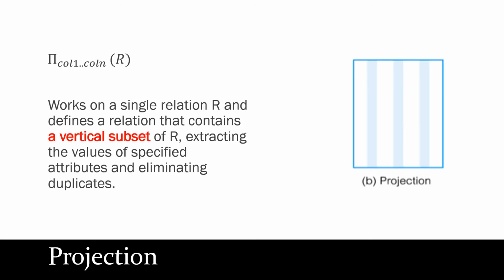How about the projection? Projection works on a single relation R and defines a relation that contains a vertical subset of R, extracting the values of specified attributes and eliminating duplicates. So with this symbol, projection, we mention what columns we want to show and then what relation we want to take.